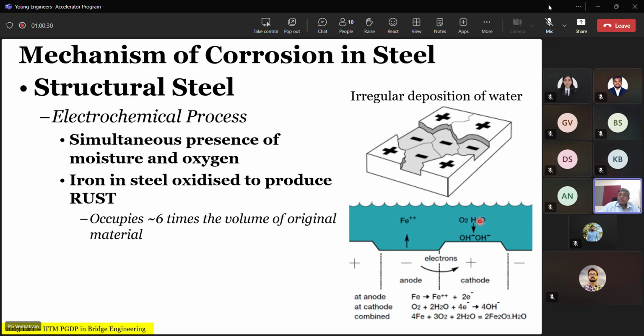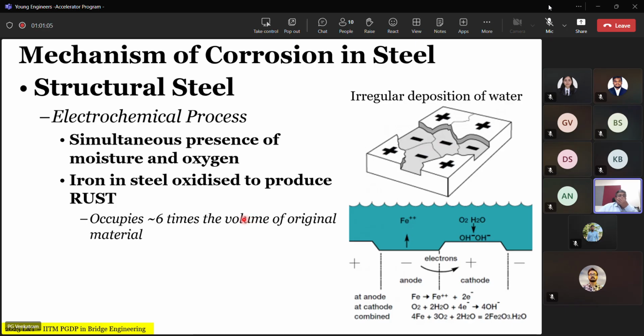This establishes a flow path for the electrical process to start, and in the water, when you also have oxygen available in the form of dissolved matter, the reaction takes place, and the oxygen reacts with water and produces ferric oxide, which is basically the rust. The rust occupies 6 times the volume of the original steel material, so it causes other effects.